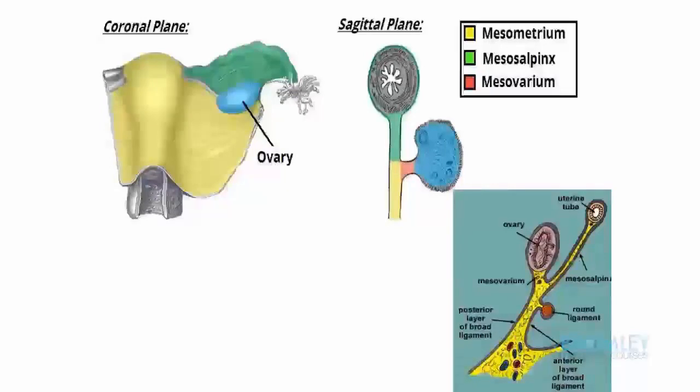Mesovarium, as you can imagine, is the part of the broad ligament that is associated with the ovary. That bit, mesovarium. It projects from the posterior surface. As you can see, this is the anterior part and this is the posterior part.